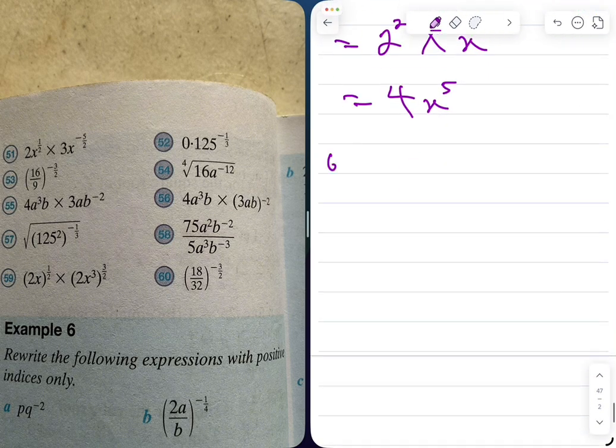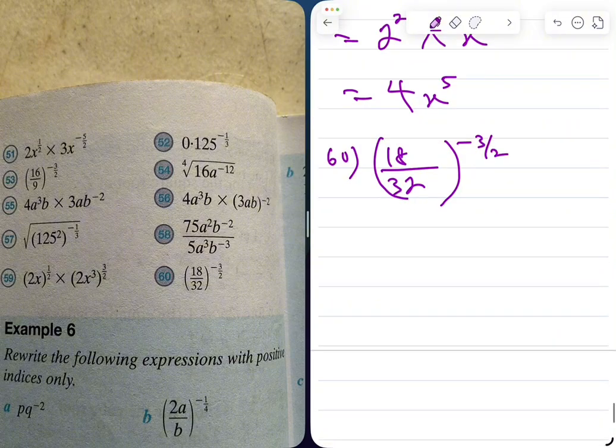Now to the last one, which is number 6c. That's 18 over 32 raised to the power minus 3 over 2.